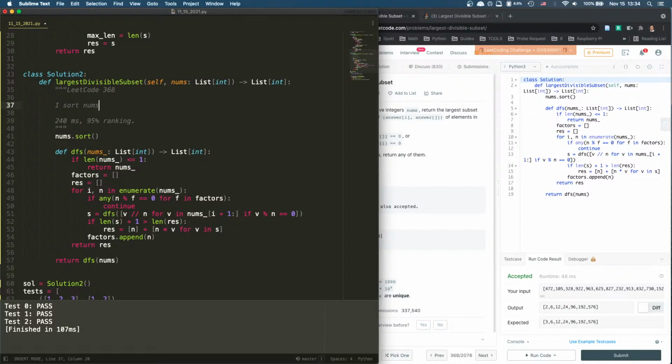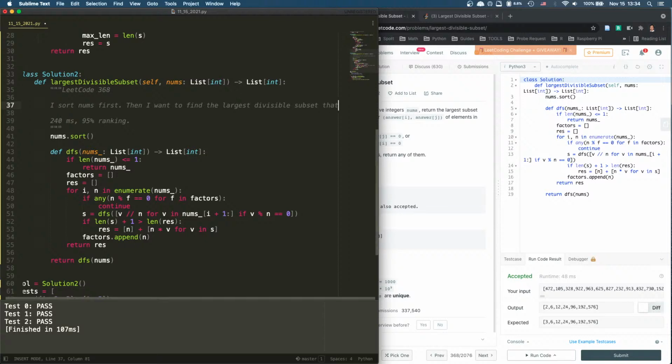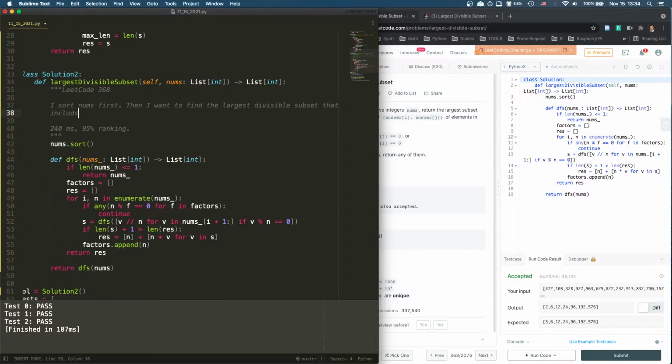I sort nums first, right? Then I want to find the largest divisible subset that includes the smallest value in the current nums, right?